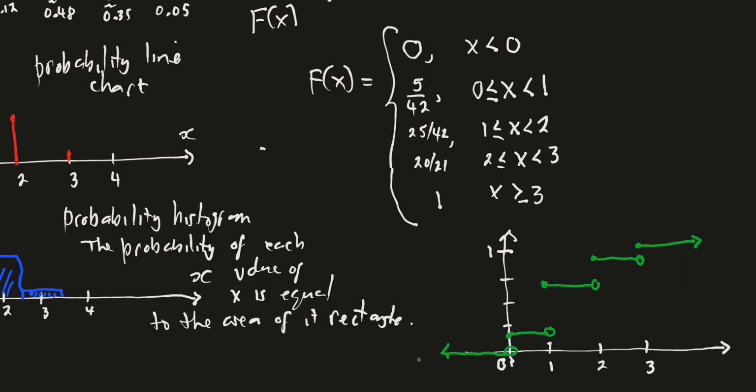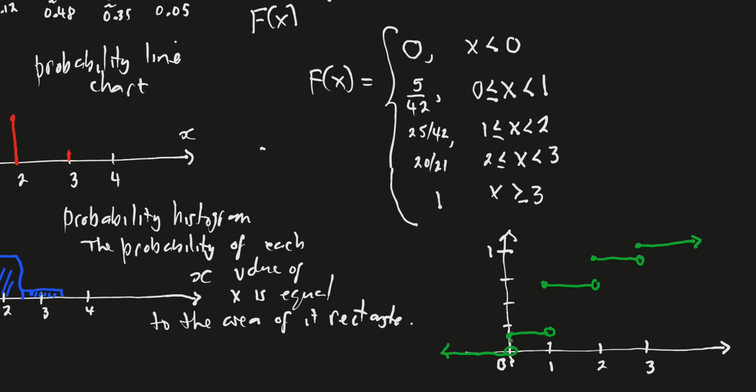So you start out with a 0 probability, and then every time you hit a possible value of x, you accumulate just a little bit more area. And now, not area I should say, but you accumulate a little bit more probability. And now each jump represents the likelihood of that specific value of x.